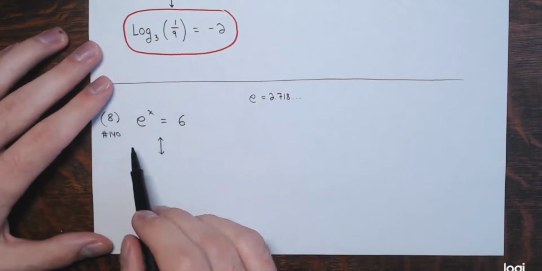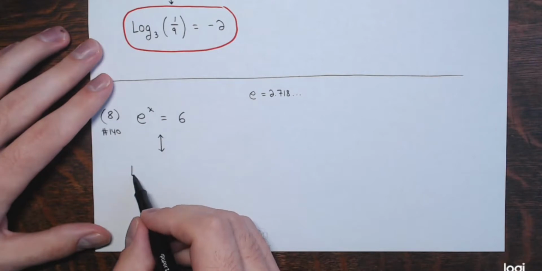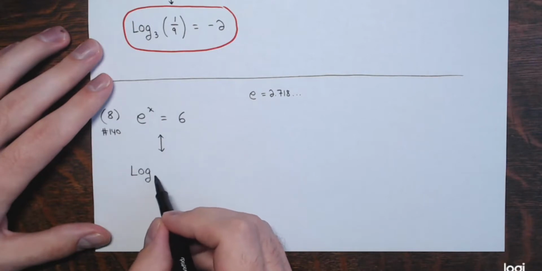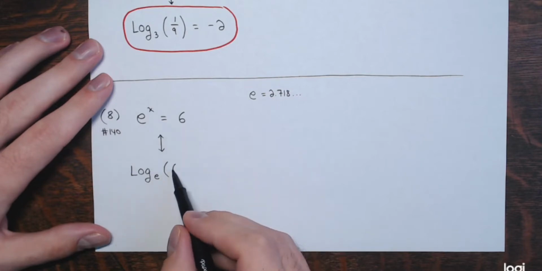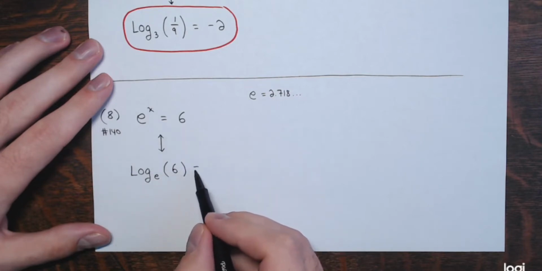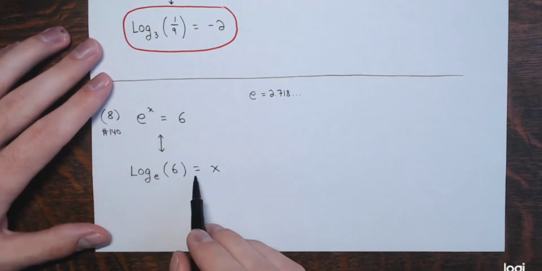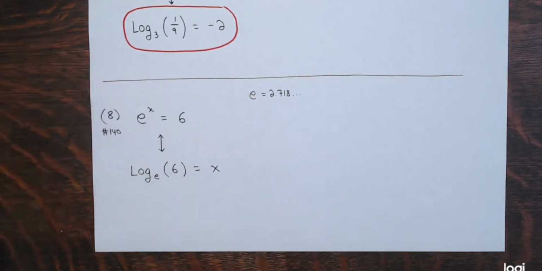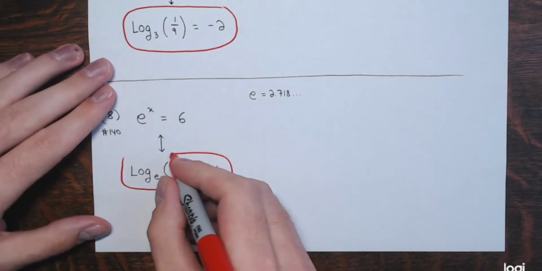Alright, so the equivalent logarithmic form of this statement would be the log base e, that was the base on this exponent, of the number 6 equals the exponent, which was x. Logs equal exponents. All right, now this is not incorrect. Right? This is totally fine to write this way.